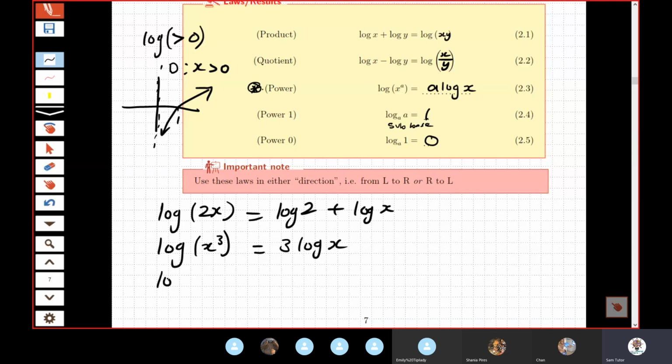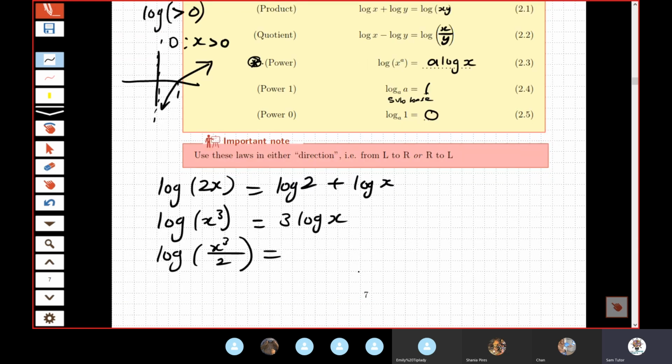What's another one? What if I had log of x cubed on 2? What would be my first step for this one? You minus. You have to minus first. Why didn't you bring the 3 down first? Oh, because it's a fraction. No, because the 3 is not attached to the 2 as well.